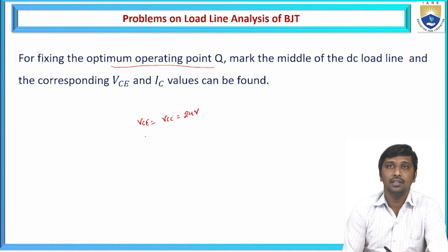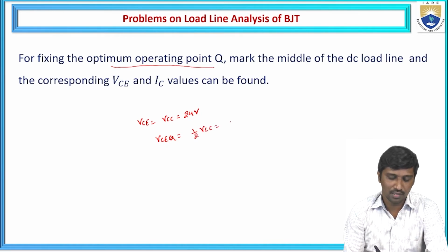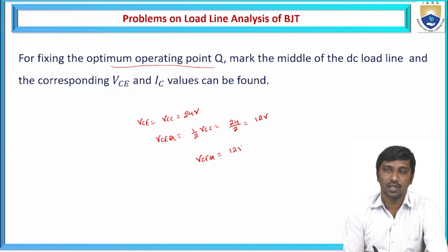For the Q point we need to differentiate, so the same parameter is represented as VCEQ. VCEQ is half of the VCC, that means 24 by 2, which is nothing but 12 volts. Hence VCEQ is 12 volts.